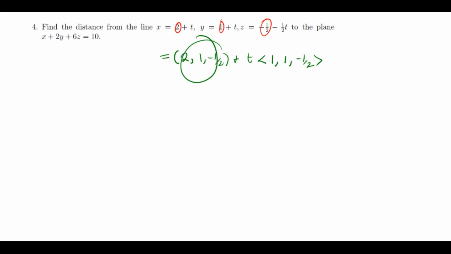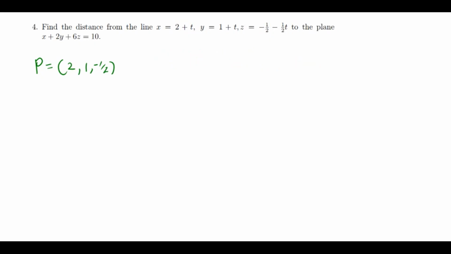So this one right here is a point, so to choose the point on the line, let me use P. It's going to be equal to (2, 1, minus 1/2), like that. So we have the point. Remember, we say this is the distance from any point on the line to the plane.